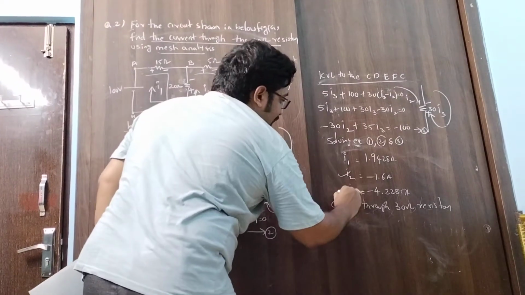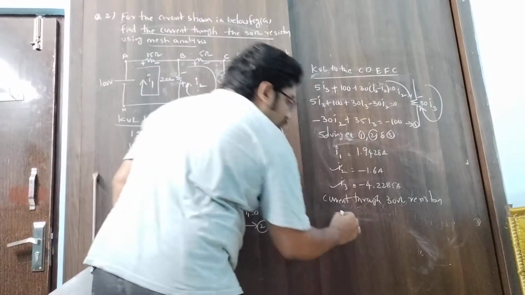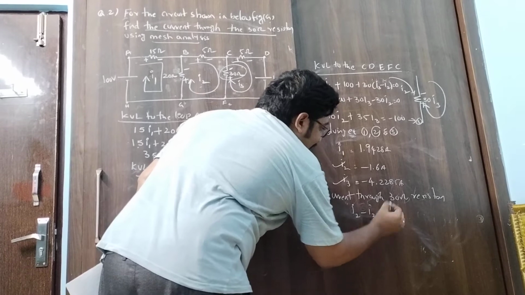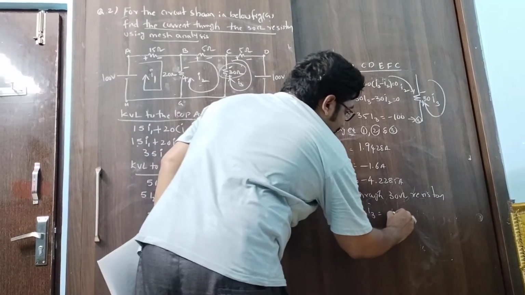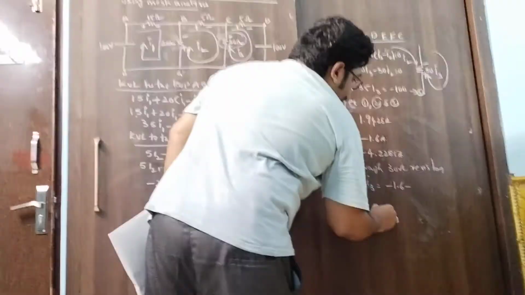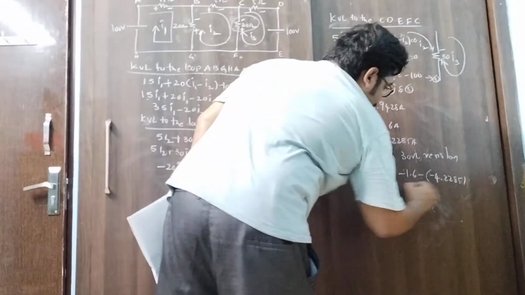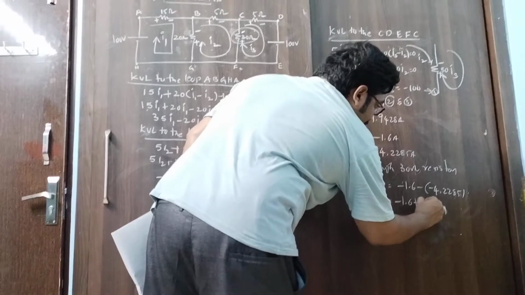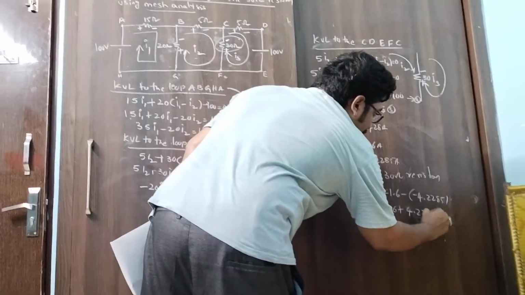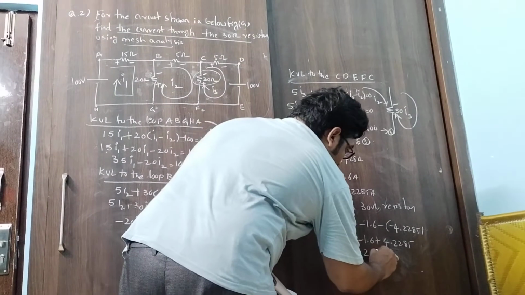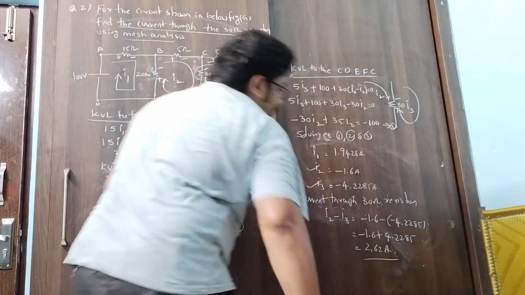So you are having the current I2 and I3, so you can write I2 minus I3. When you are writing I2 minus I3, minus 1.6 minus (minus 4.2285), so minus 1.6 plus 4.2285. If you do so, you are going to get the value 2.62 amperes.